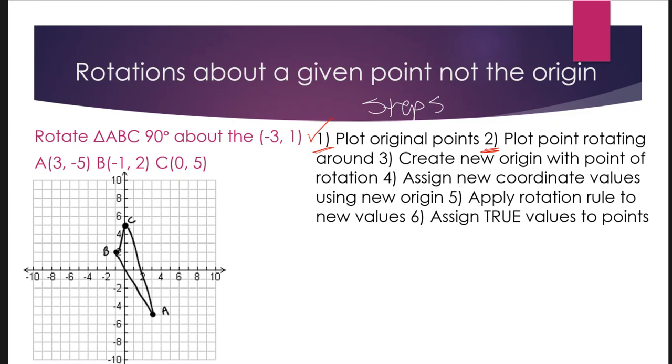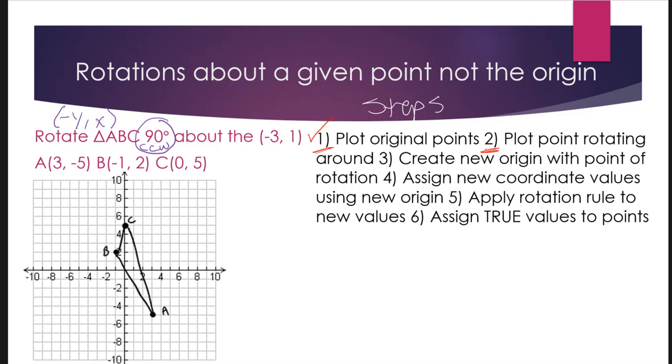So if we read here in the problem, it says rotate triangle ABC 90 degrees. Again, it says 90 degrees with no direction, so that means I'm going counterclockwise. Keep that in mind. Let me just write the rule so we get that over with. 90 degrees counterclockwise is going to be (-y, x), just so we don't forget.